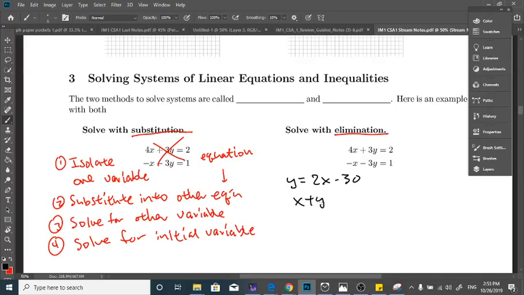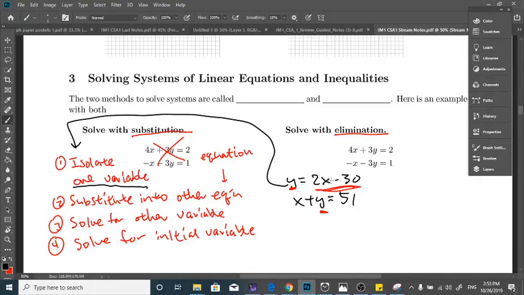And then x plus y equals 51. So in this case, you already have y equals something. So this is already half the work. This is step 1. Isolate one variable. We did. Or the problem already gave you one variable isolated for. Sometimes you get that. If so, great. So what you can do then is just literally isolate that, substitute that in.